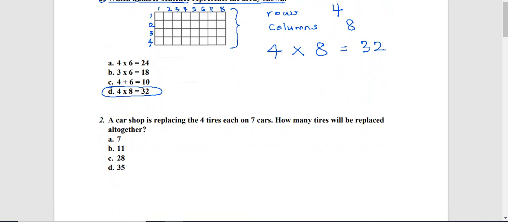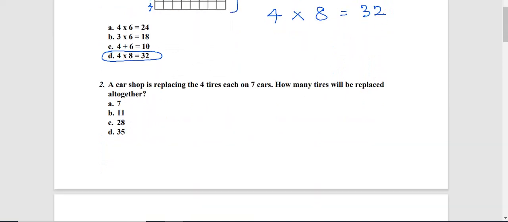Question number 2. A car shop is replacing the 4 tires, each on 7 cars. So there are 4 tires on 1 car.